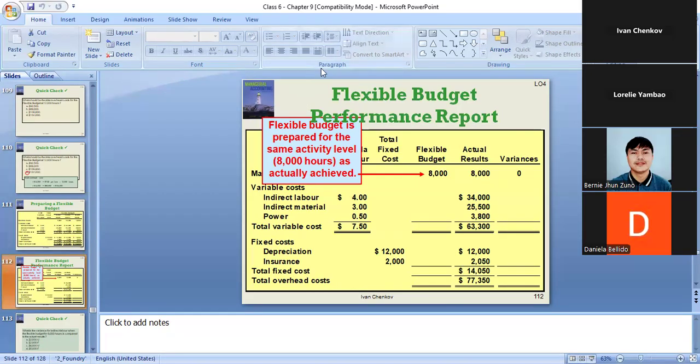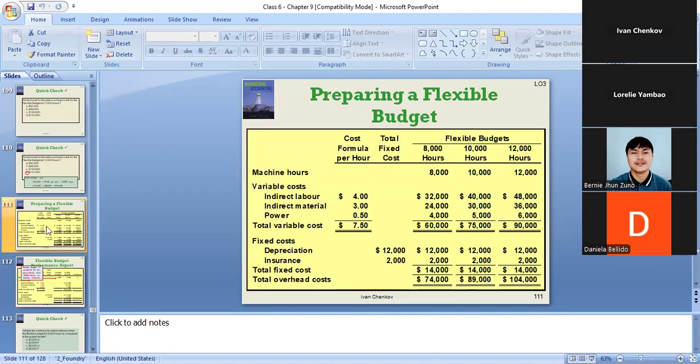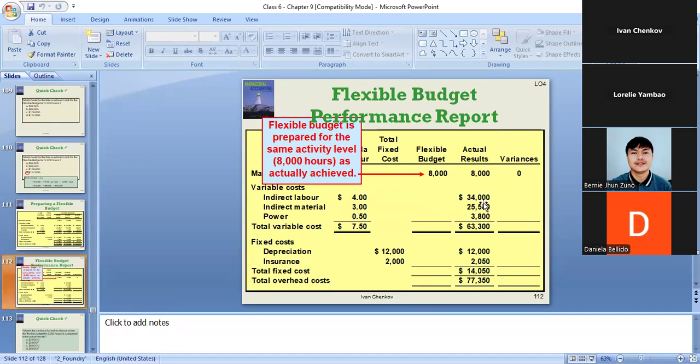What do you think? Again, we're supposed to spend $32,000, as you can see when we're using the machine 8,000 hours. In reality, we're spending $34,000. Now, is there any variance?